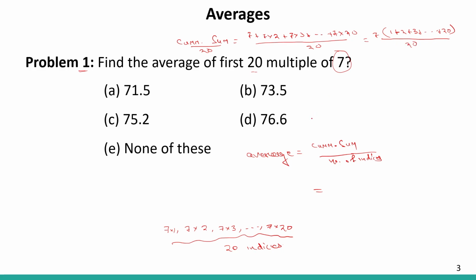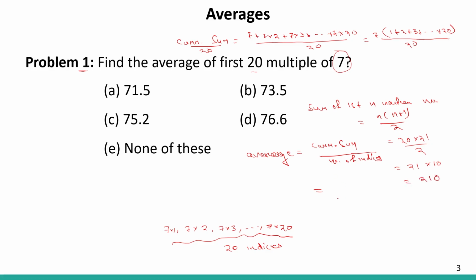We have a formula for the sum of the first n natural numbers: n into n plus 1 by 2. Here we have the addition 1 plus 2 plus 3 up to 20, so it is 20 into 21 by 2, which is 21 into 10, equal to 210.